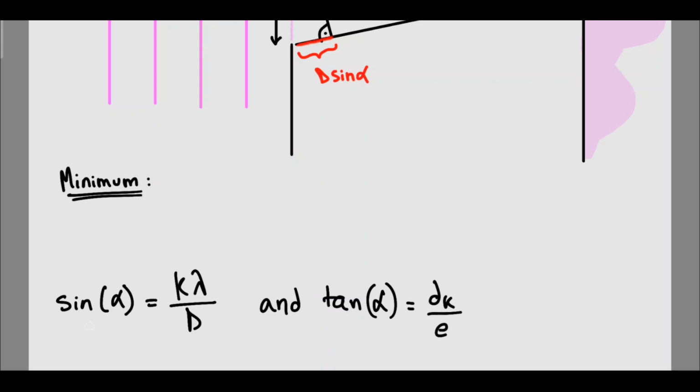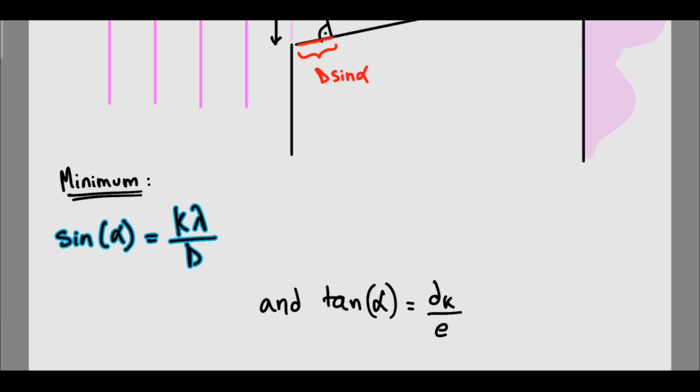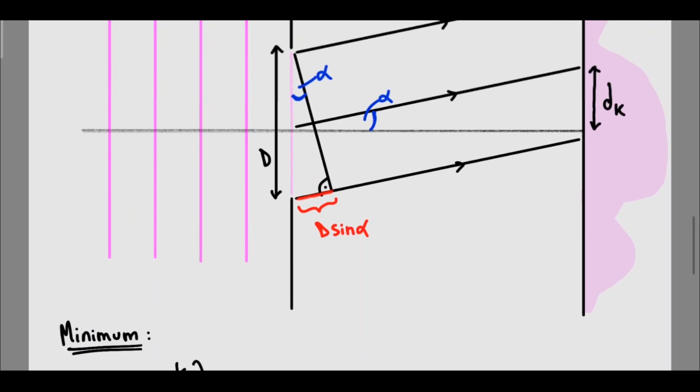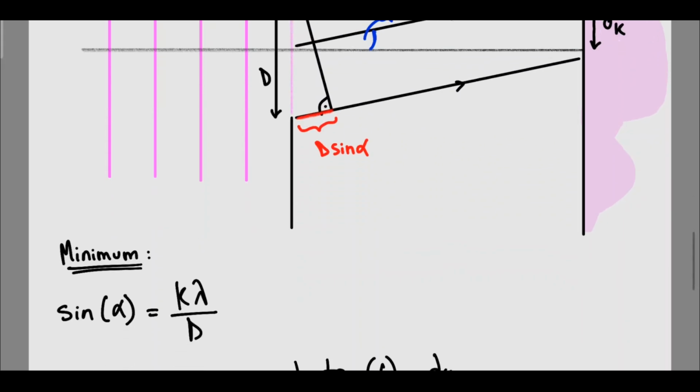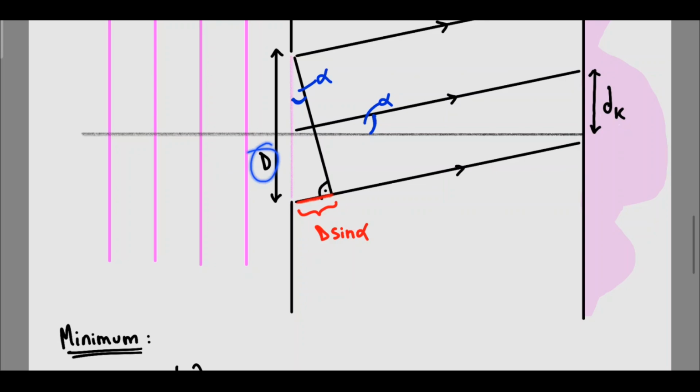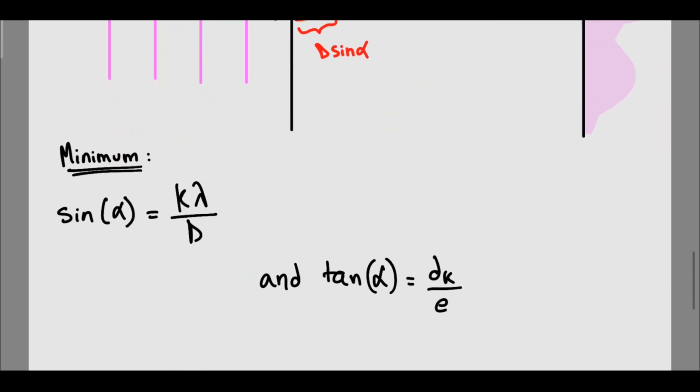And then we see that the sine of alpha is k lambda divided by d. So the sine of the angle alpha is the perpendicular divided by the hypotenuse, and the perpendicular here is the phase difference, divided by the hypotenuse, which is the slit width.